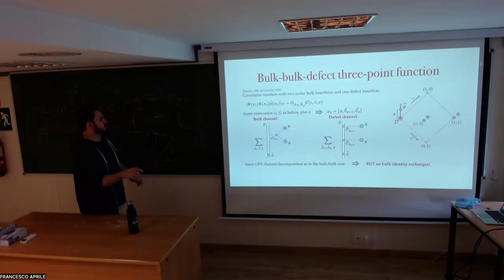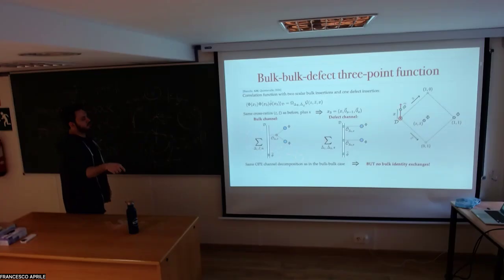Indeed, for the bulk channel, we just perform the bulk OPE between the two bulk operators, and we exchange some bulk operator. The only difference is that now there is more complexity to this crossing equation, in the sense that we have more labels attached to it. For the bulk channel, for example, we have to sum over the dimension and the spin of the exchanged operator, but we also have an additional label n, which describes the possible exchange of the tensor structure from this bulk to defect two-point function.